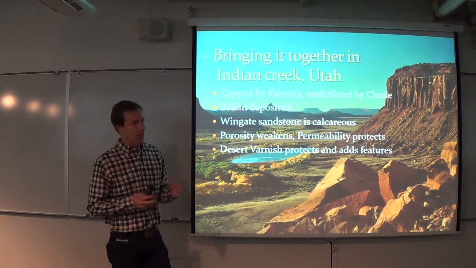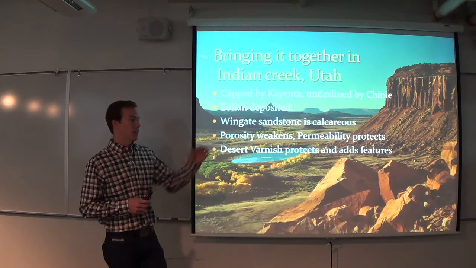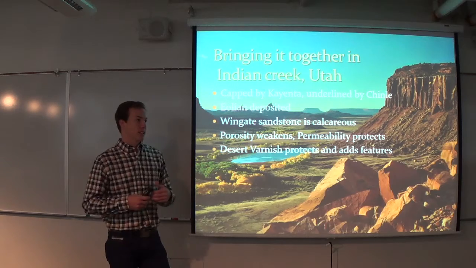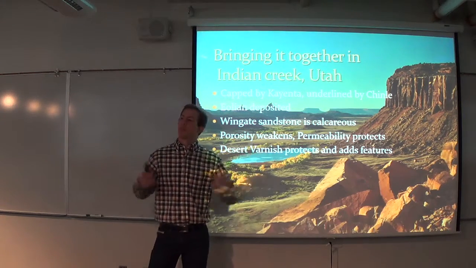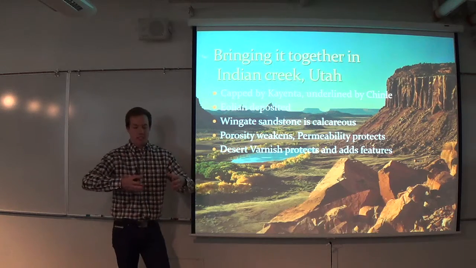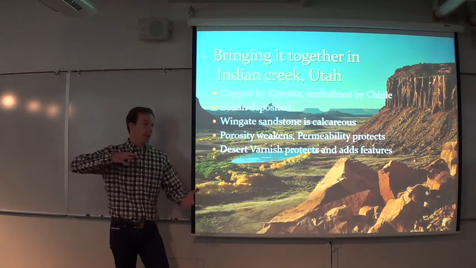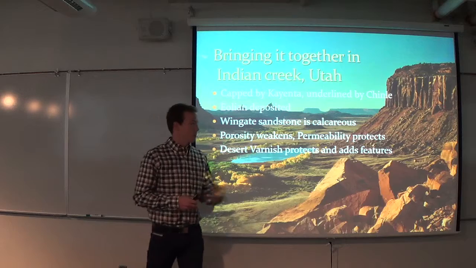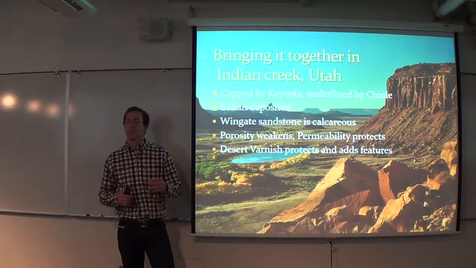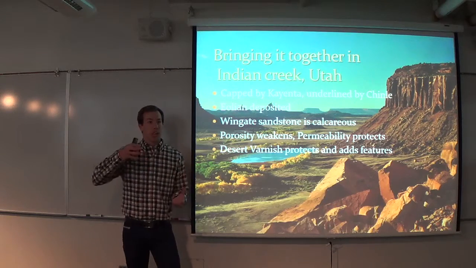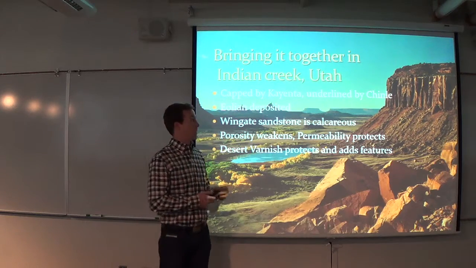The other stresses that are put on the Wingate sandstone, because the layer underneath it is eroding away, are tensional stresses as it gets pulled apart, and shear stresses as it kind of slides back and forth, rather than just a compressional force. So these well-sorted grains in the Wingate sandstone aid in the vertical collapse of the Wingate sandstone.